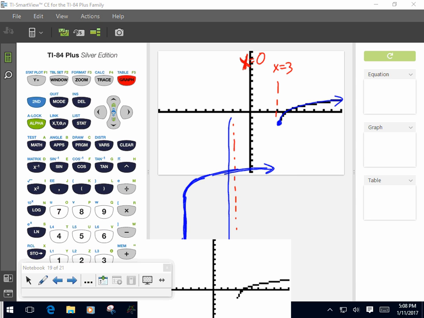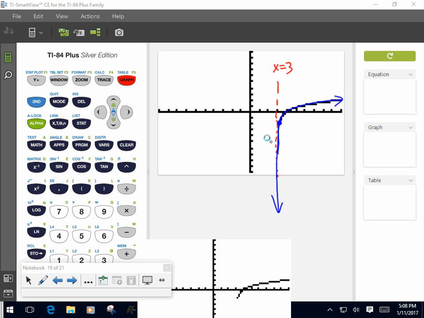You need to be smarter than your calculator. You need to know that that does not have a starting point. It has an asymptote. And even though your calculator screen looks like that, you know that that function does have an asymptote there.